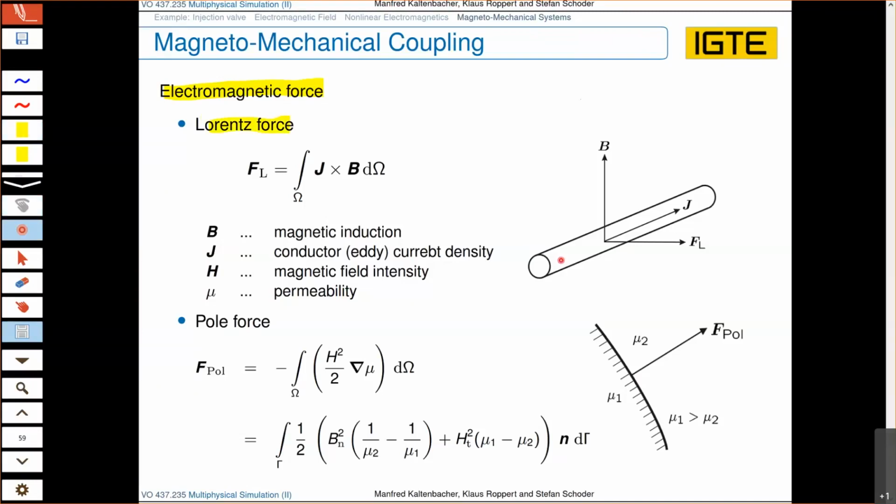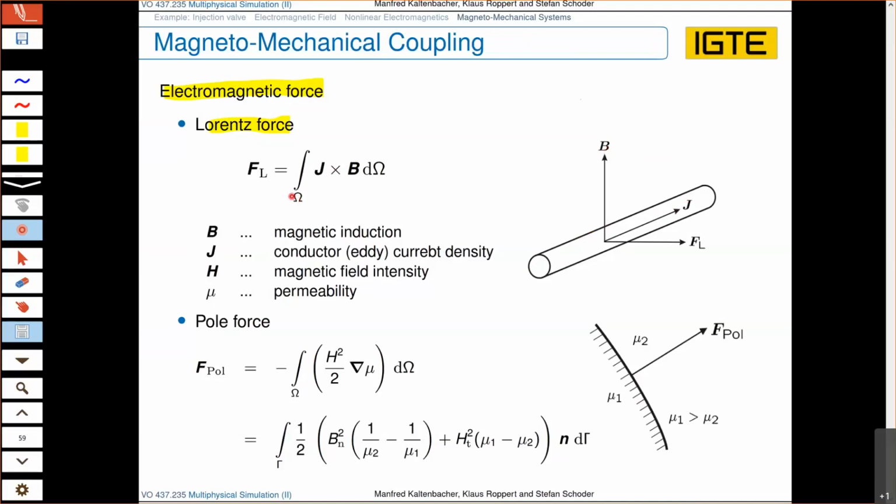You have, for example, a conductor where a current flows through, here described by the current density J, and it is within a magnetic field B. In this case, you see they are directly orthogonal, and when you take the cross product between the current density and the magnetic field intensity, we get the force density acting on this conductor carrying the current density J in the magnetic field B. So it is Newton per cubic meter.